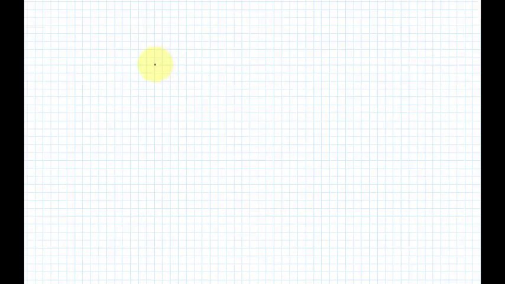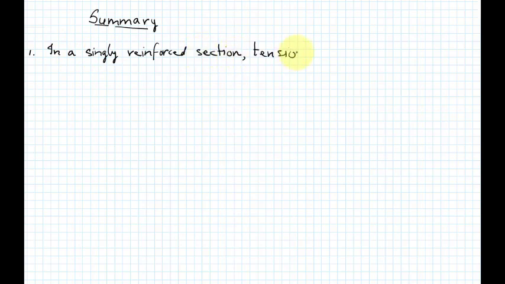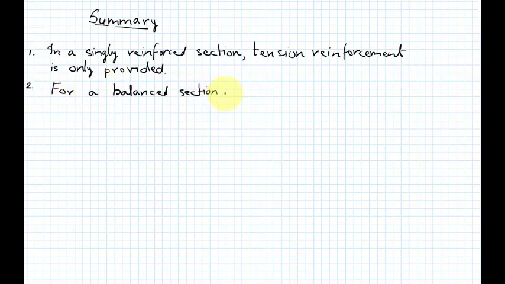Let us now summarize important points on singly reinforced sections and formulas so that it can help us solve problems on singly reinforced sections. Summary. In a singly reinforced section, tension reinforcement only is provided. Second point, for a balanced section, the neutral axis depth is equal to the maximum or limiting neutral axis depth.